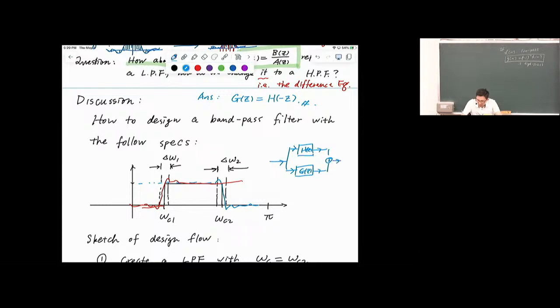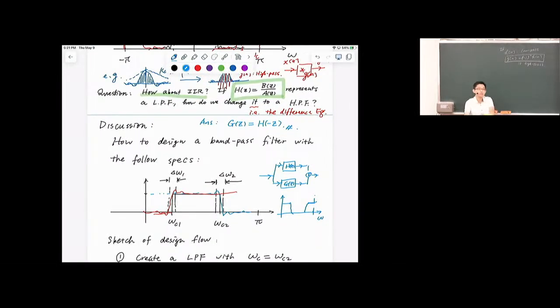Then you may have a system with two pass bands, so it looks like a band reject system. So you have many different possibilities once you know how to design low pass and high pass. The rest is pretty straightforward, just needs some experience.